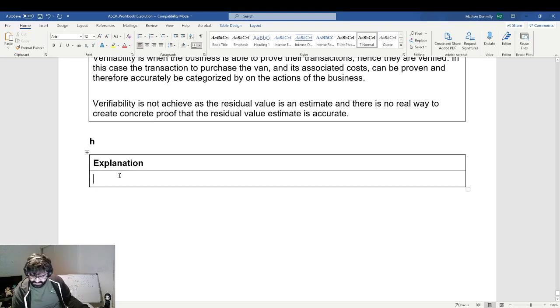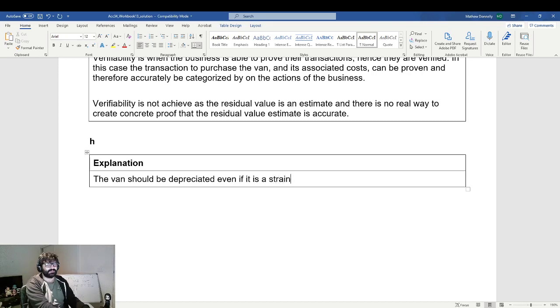Now we've got H, last one, worth about 25. In July 2025, the delivery driver felt ill, so the van was not used for deliveries for 2 months. Explain whether the van should be depreciated for July and August. Quite simply, the answer is yes. I'll explain why. The van should be depreciated even if it is a straight line method, even if it is not used.